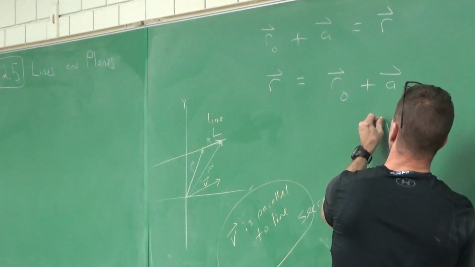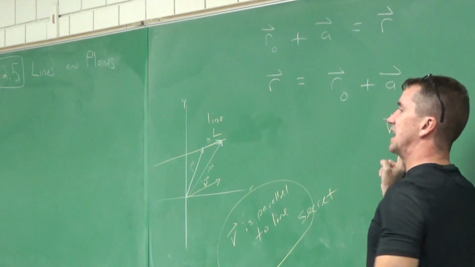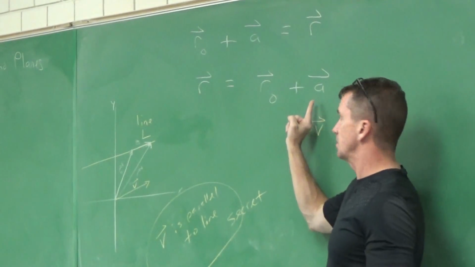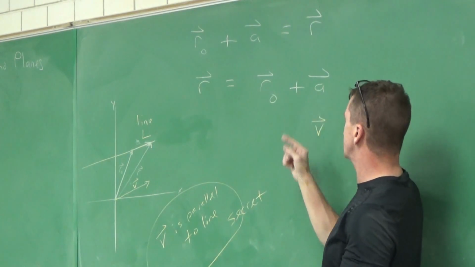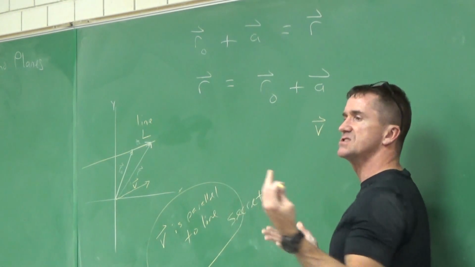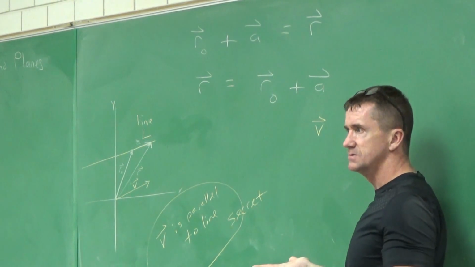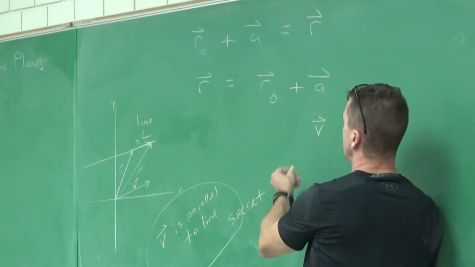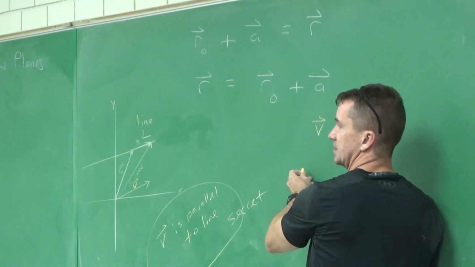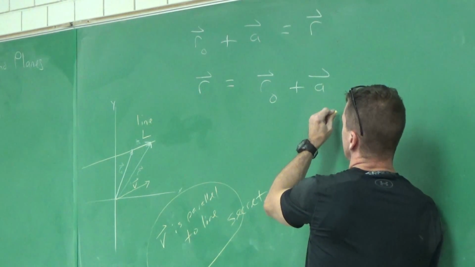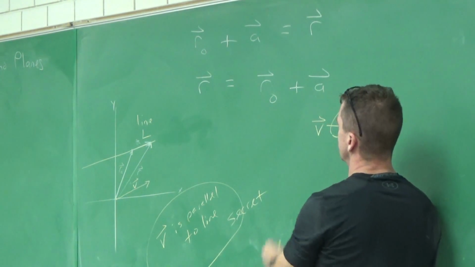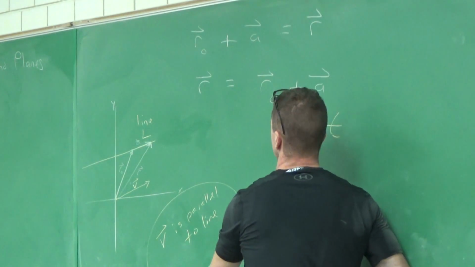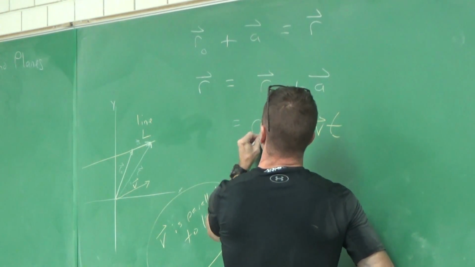I can, as long as I think of it as a scalar multiple of this. So what I'm going to do is replace A with just vector V times some scalar multiple. Just a variable. And I'm going to use the variable t. So right here, how about V times t? And this is what we got.